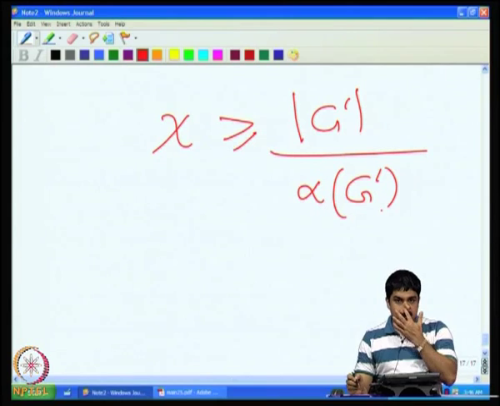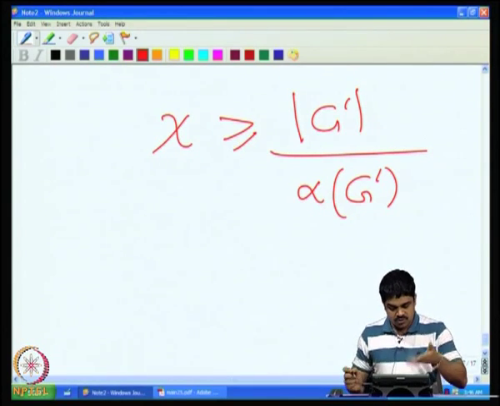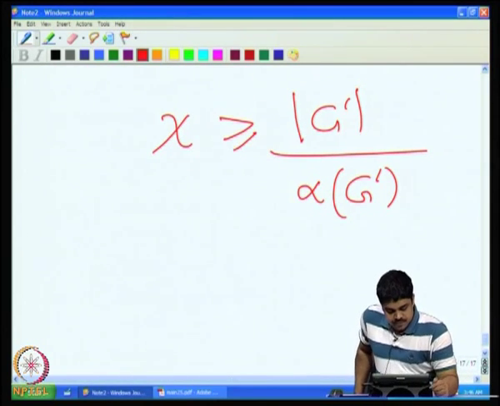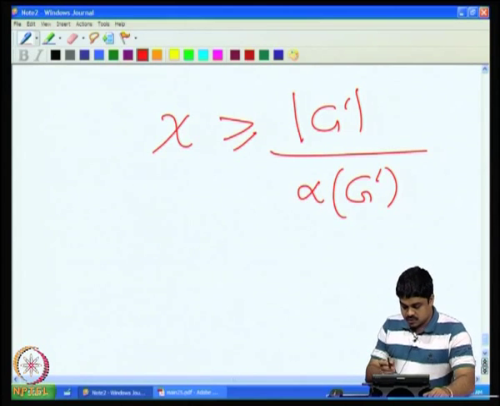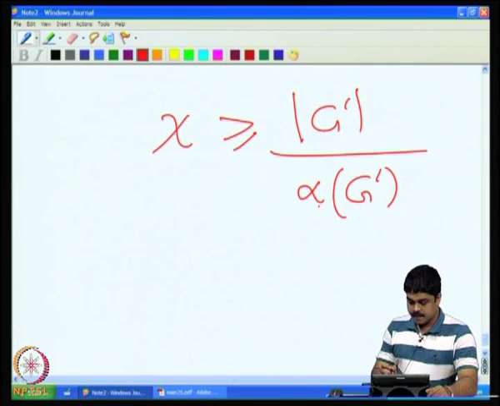This is enough, because the chromatic number can never be lower than this, since each color class can contain at most that many vertices.